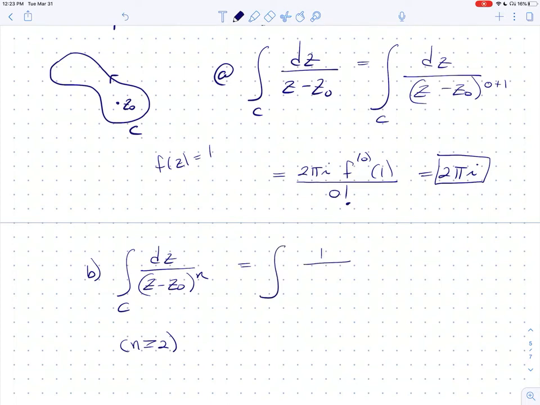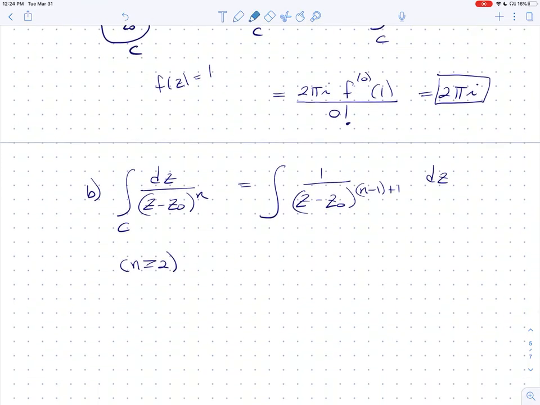So we're going to write this as 1 over z minus z naught to the n minus 1 plus 1 dz. And so the point is, this is my f of z, and I also notice the n minus 1, that's the key. This n minus 1 is going to be the key.